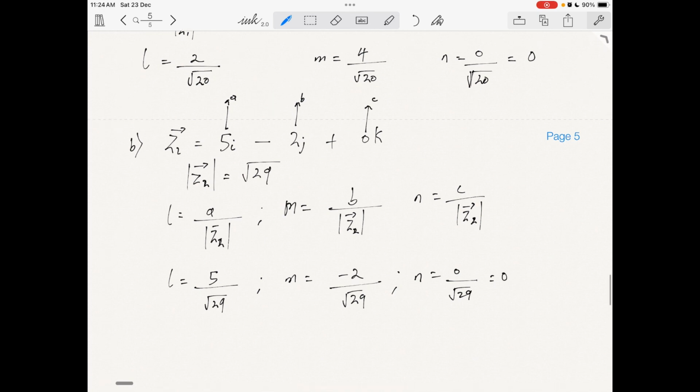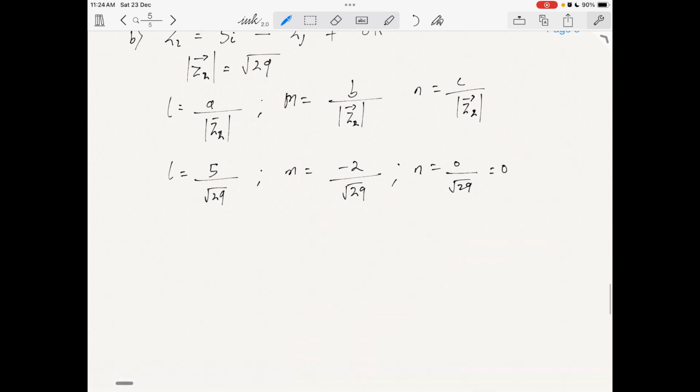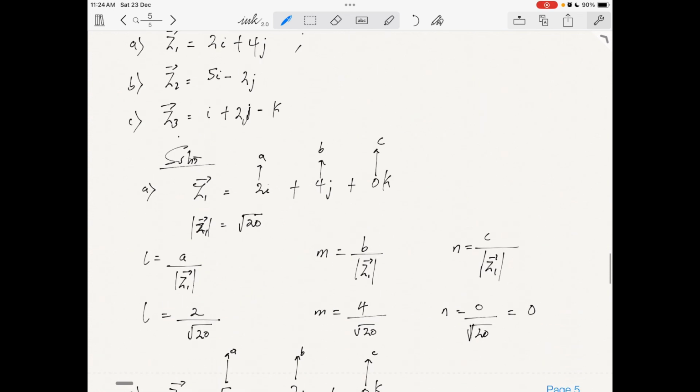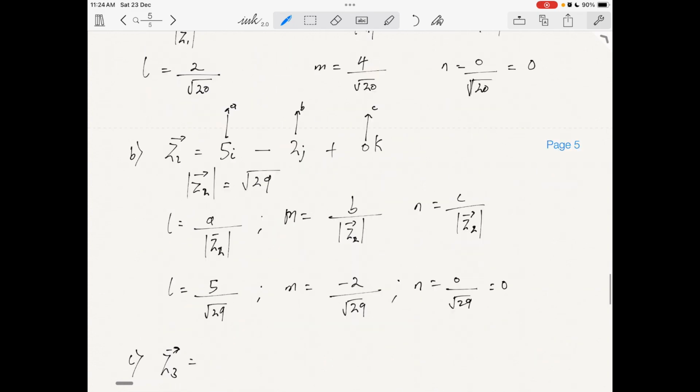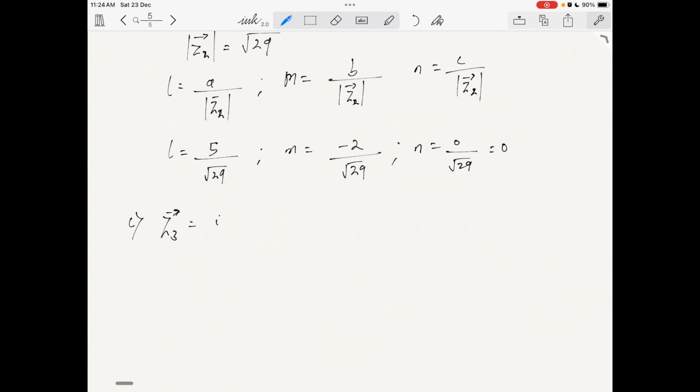Now let's finalize on our last question, c. We know that z3 is equal to i plus 2j minus k.